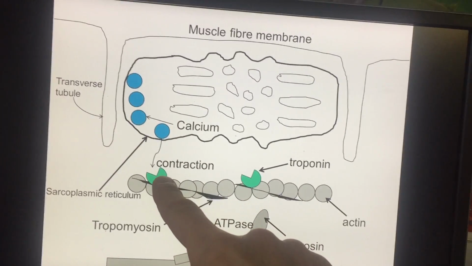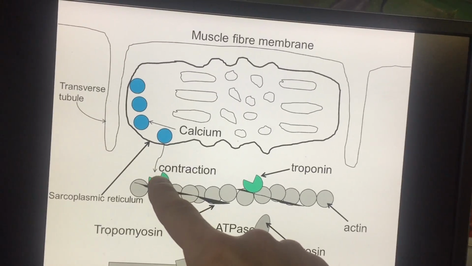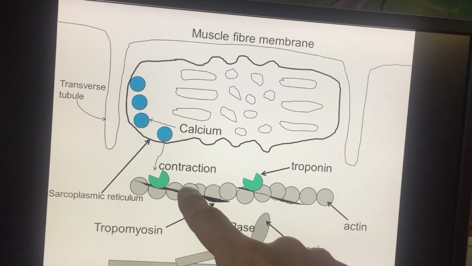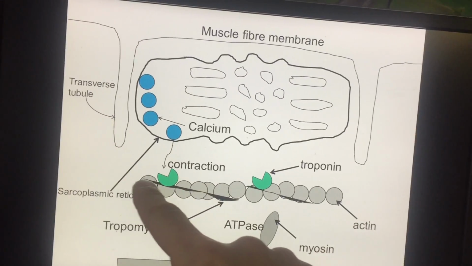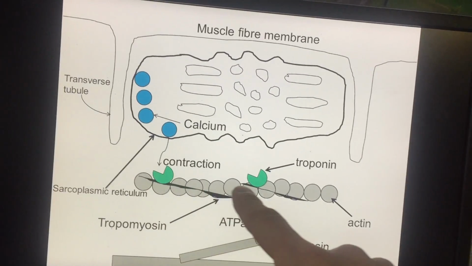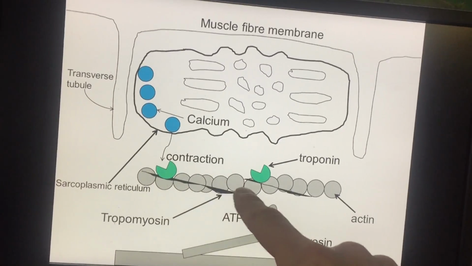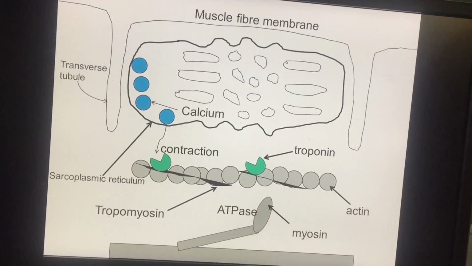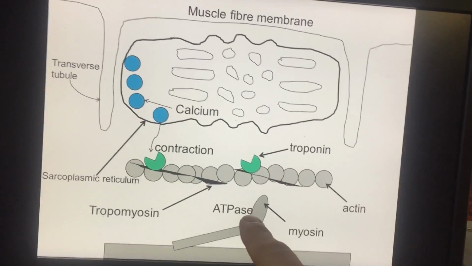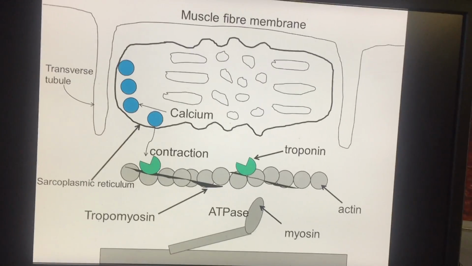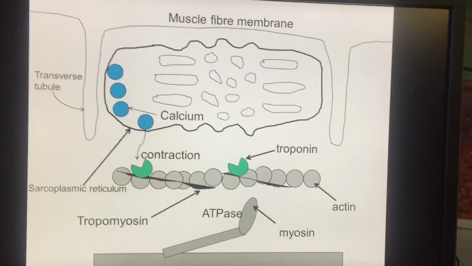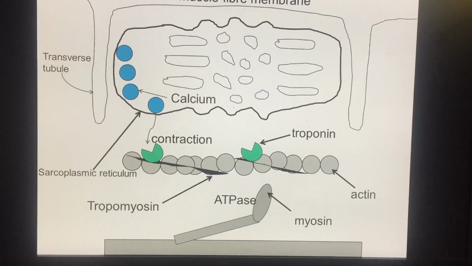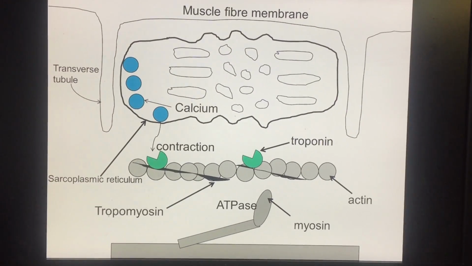It comes down and binds to the troponin, which causes troponin to lift tropomyosin off of actin. That releases the inhibition from actin and exposes binding sites on actin for myosin. Then that permits myosin to form cross bridges with actin to result in muscle contraction. So those are just a few of the steps involved in the muscle contraction process.